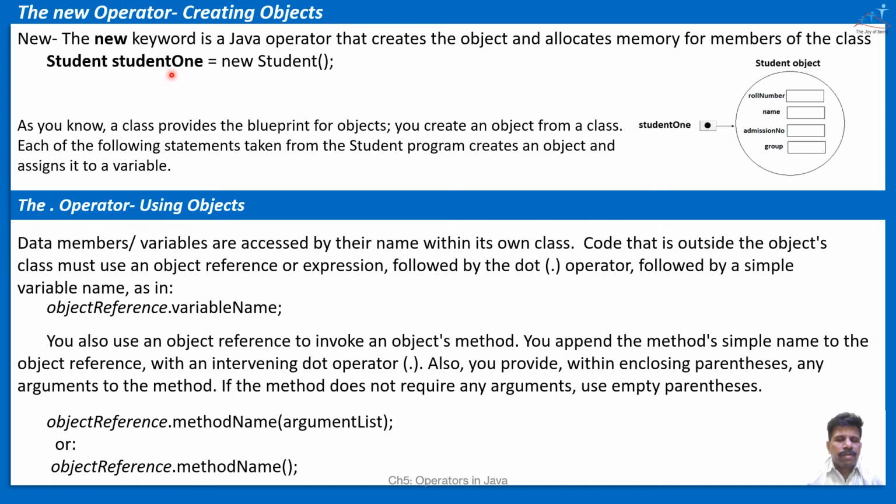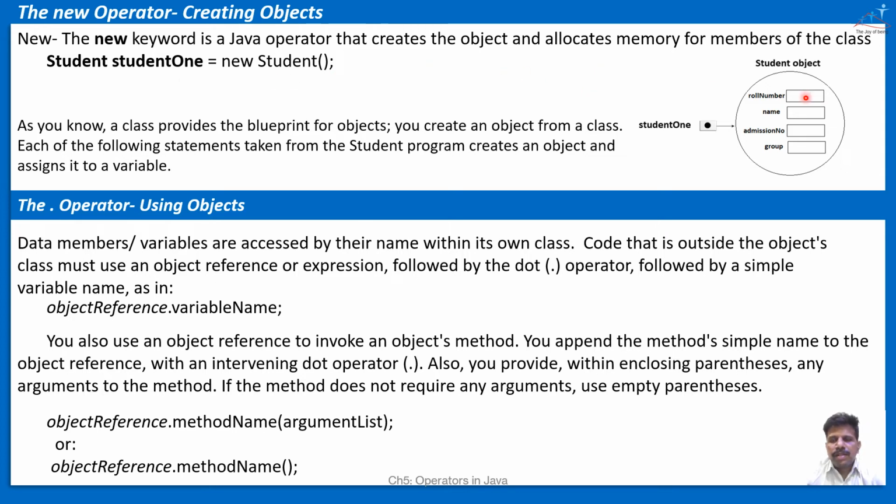You can choose any appropriate name following conventions, then equal to, then the new keyword and the Student method. Here it is a special method whose name is the same as the class name, which is called a constructor. This complete statement creates an object and also allocates memory for the members of the class.